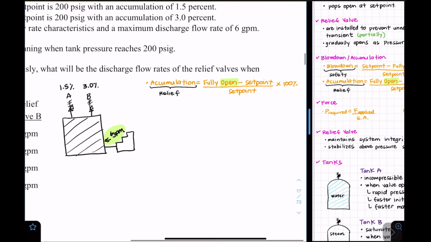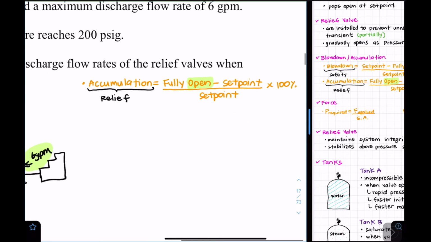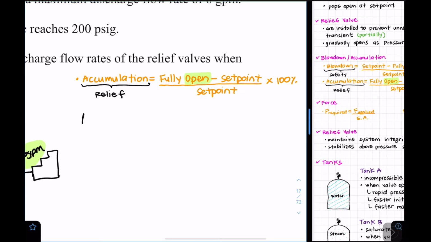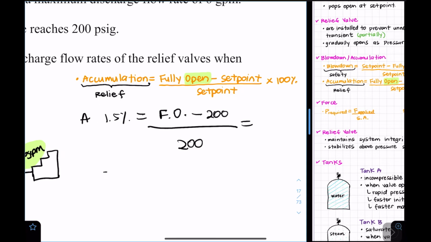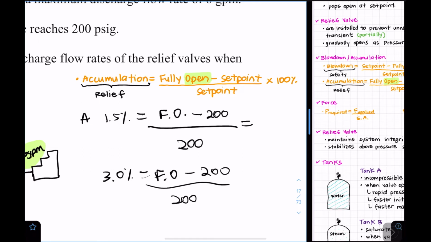We have this valve, so we're going to start with A. It has an accumulation of 1.5%, and we need to solve for fully open. The set point is 200 psig. And the next one is fully open. We get our calculators here.